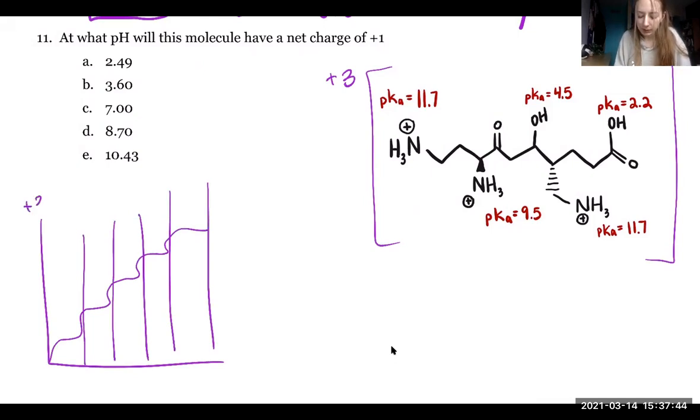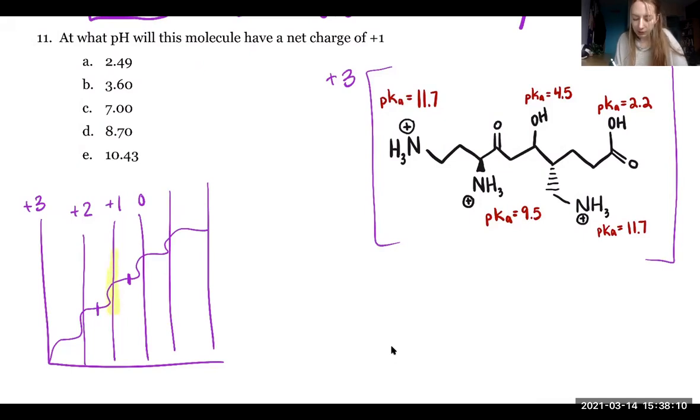We start out with +3. We go down at every equivalence. So what's most important, we're looking for a charge of +1, and we have all the information we need. We can use those pKa's, right? So I'm going to use this pKa and this pKa to calculate the equivalence points over here.